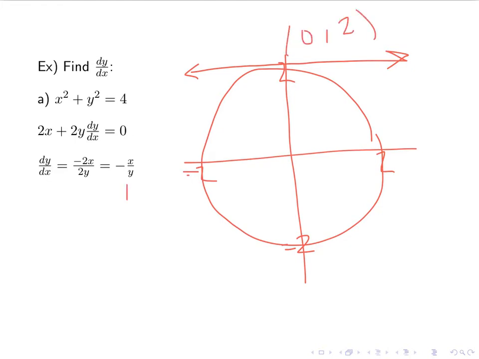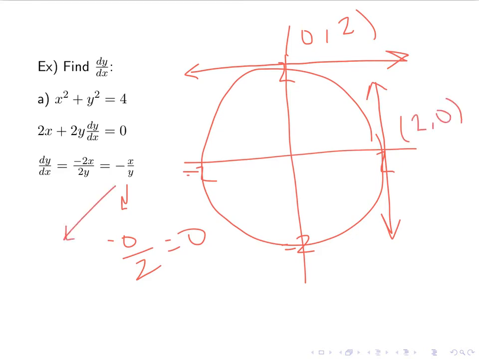And if I plug it into here, I have negative 0 over 2, which is 0, which gives me my horizontal tangent line. If I wanted this guy over here, this is 2, 0. So I have negative 2 over 0, which is undefined. Undefined slope is a vertical line. Okay, so it does match up.